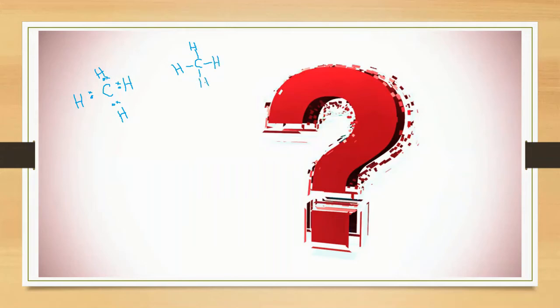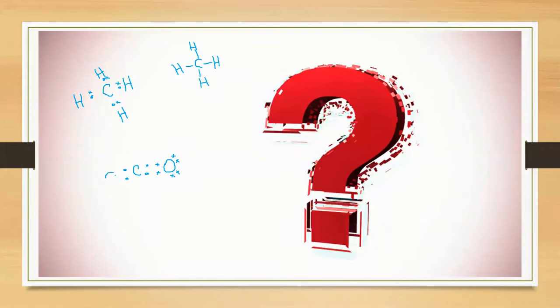On the other hand, in carbon dioxide, carbon has 4 electrons in its outermost energy level. It combines with oxygen. An oxygen atom shares 2 electrons with the carbon atom. But oxygen has 6 electrons in its outermost energy level, so there are 2 lone pairs.